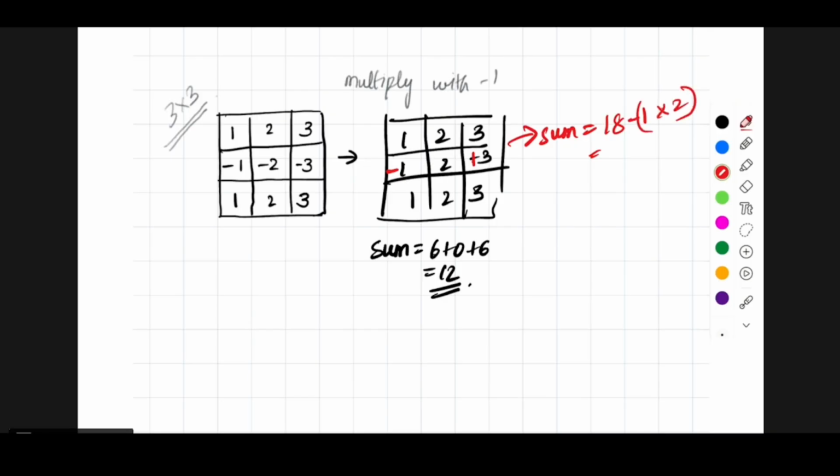Okay, 18 minus 2 is 16. How is it 16? The entire array contains a 1, right? So we have to remove the existence of 1, and then entirely remove that 1.